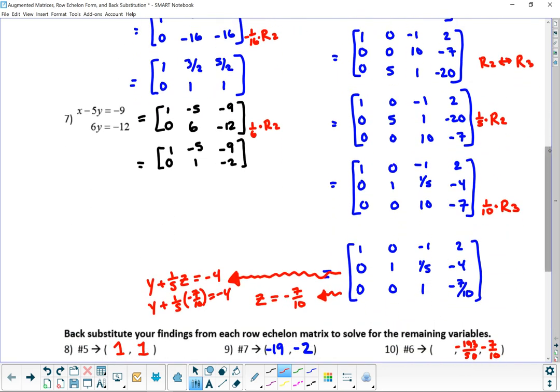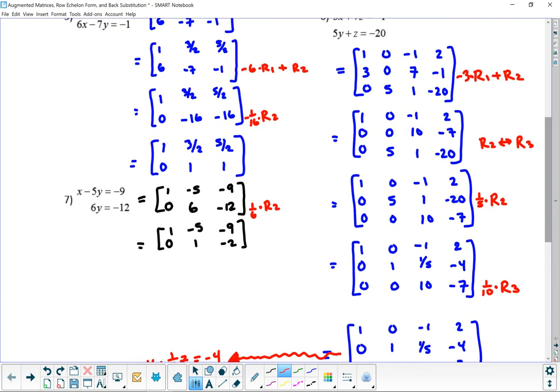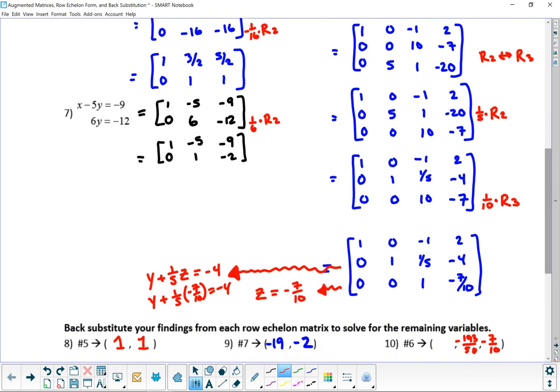Okay, let me see the next part. So I'm swapping row 2 and row 3, and I'm going to double check that I wrote everything correctly. Okay, so everything is correct. Swap row 2, row 3. So 1, 0, negative 1, 2, and then the middle is going to be 0, 5, 1, negative 2, and the bottom is going to be 0, 0, 10, negative 7.